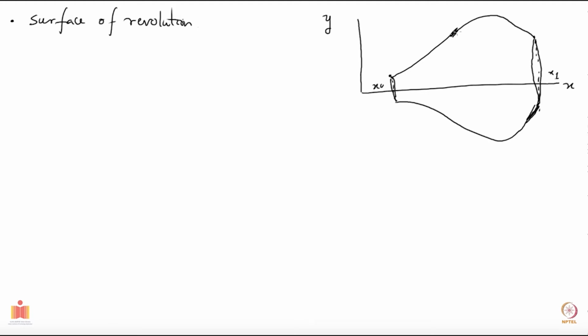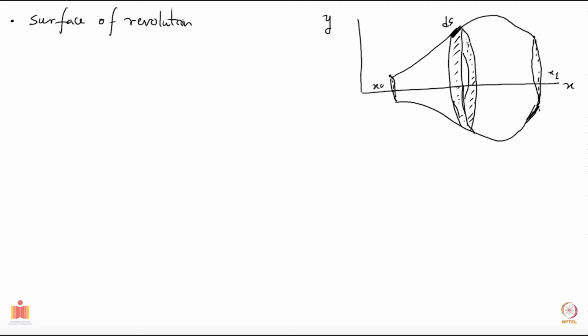Again, I take a small element ds here, and then I make a differential area element here. That's the small area element that I'm looking at.